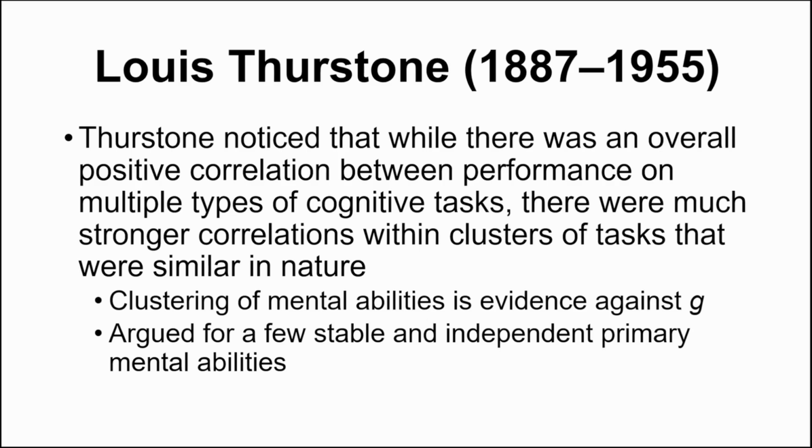If we're seeing these correlations, here's how I want to interpret this. So Thurstone noticed that, yeah, there is this overall positive correlation between an individual's performance on one cognitive task and other cognitive tasks. But there are far stronger correlations when we start looking within clusters of tasks that have some similar nature to them.